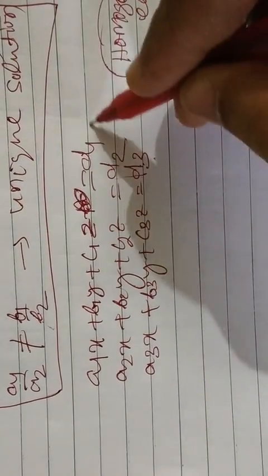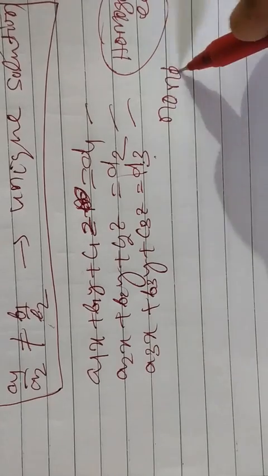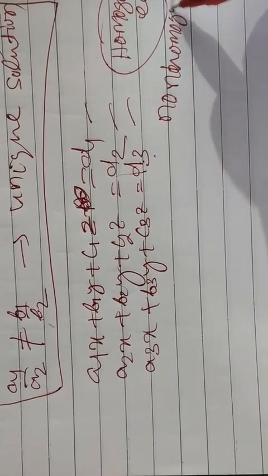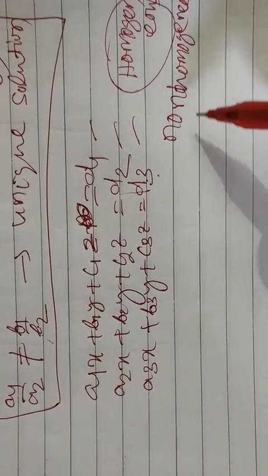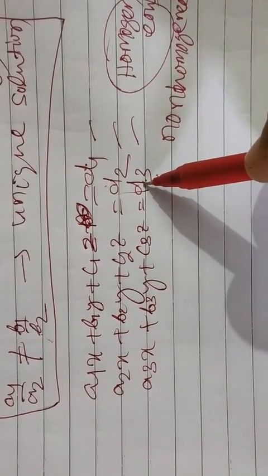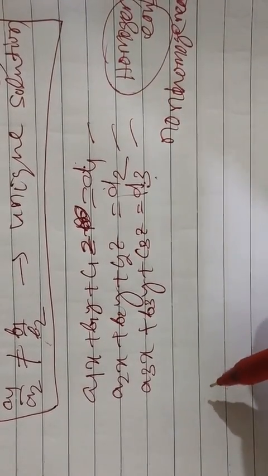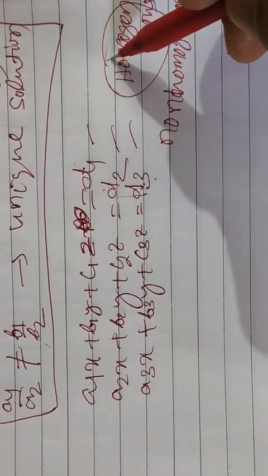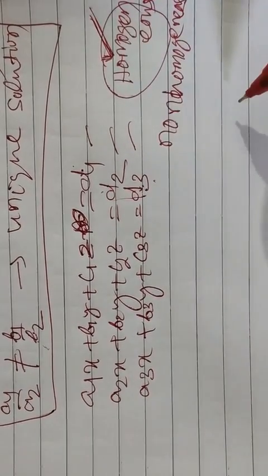Otherwise, this system is non-homogeneous, if any of d1, d2, d3 is non-zero. If all are 0, what is the name of the system? The system is homogeneous.